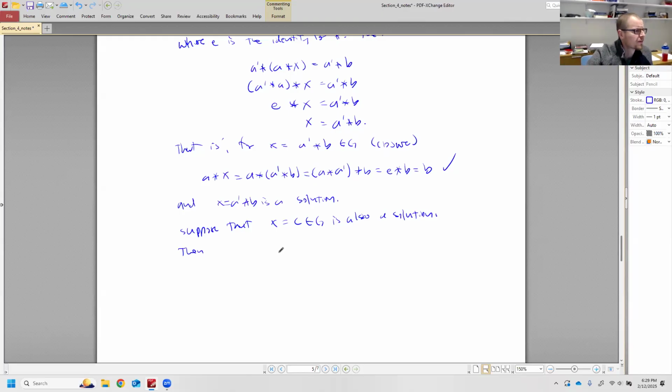Then, plugging in, A star A prime star B is equal to B, and we would have that A star C is equal to B.